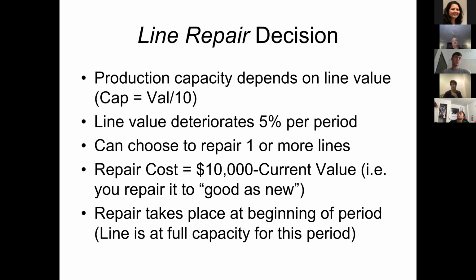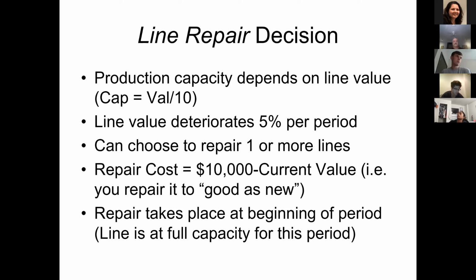Okay, one of the things you can spend money on is line repair. So we said that the value of the manufacturing lines deteriorates over time, particularly 5% per period. And as the value deteriorates, so does the number of units it can produce. That also deteriorates 5% per period.